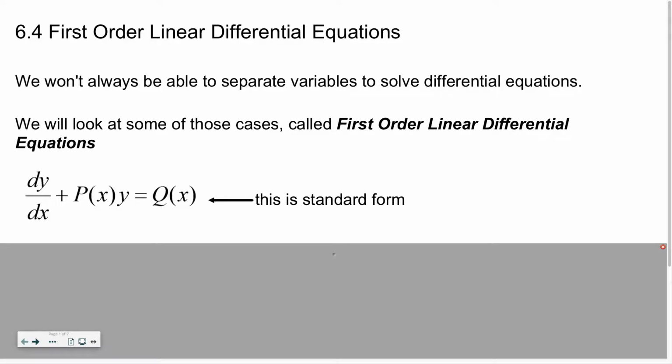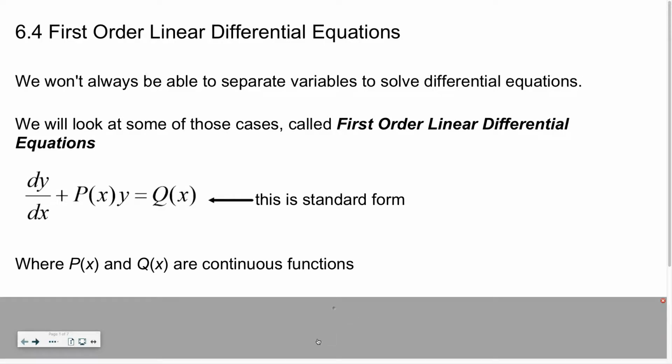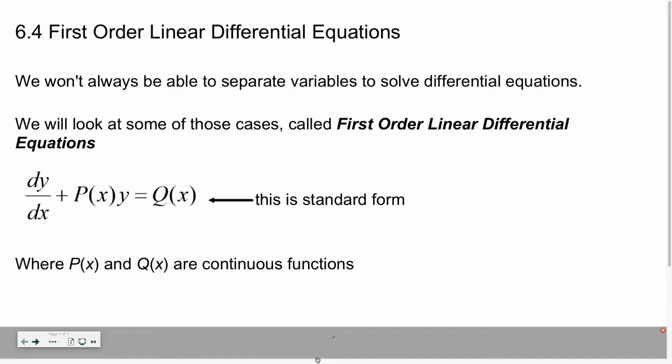Because there are some times where we had to only look at a slope field to look at the solutions to a differential equation, because we couldn't do separation of variables. So now we are going to have this one specific setup that we can do. P and Q are continuous. That is important.